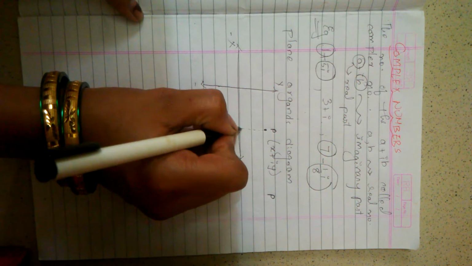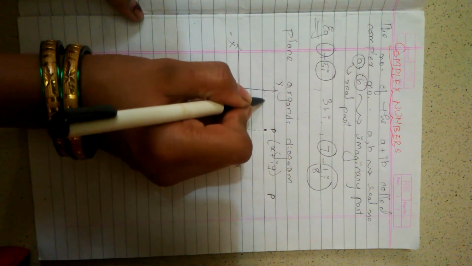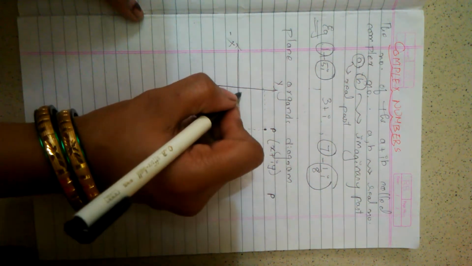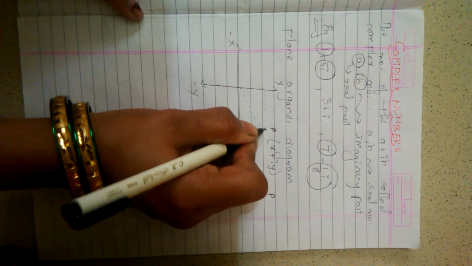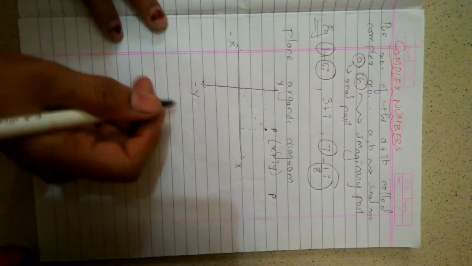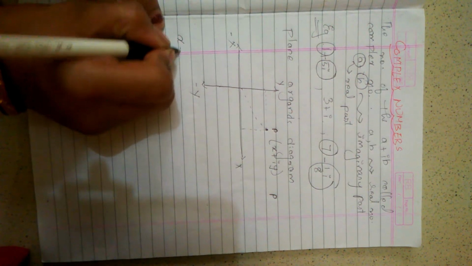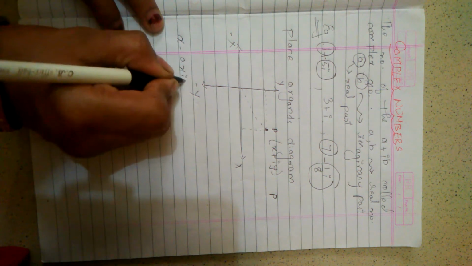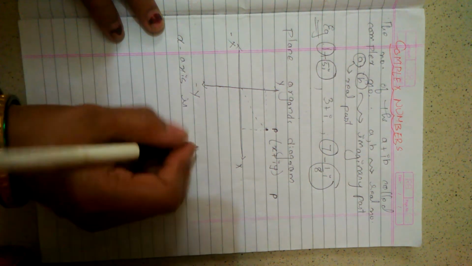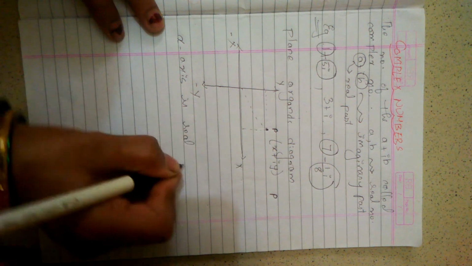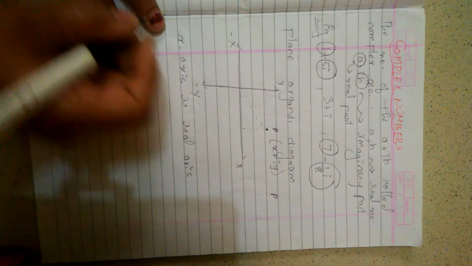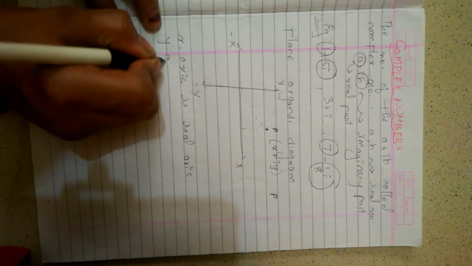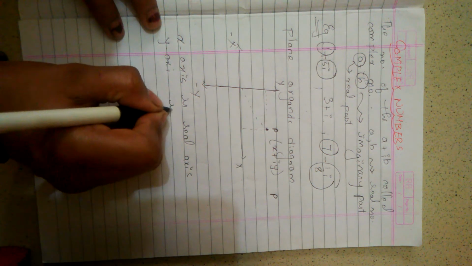So if I draw a perpendicular from point P along the x and y axis, I'll be getting something like this. Now x-axis is a real axis and the y-axis is the imaginary axis.